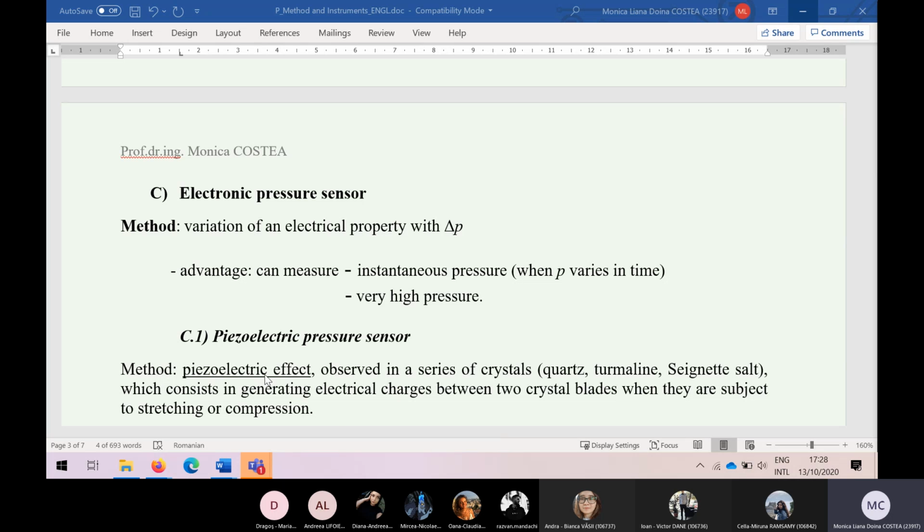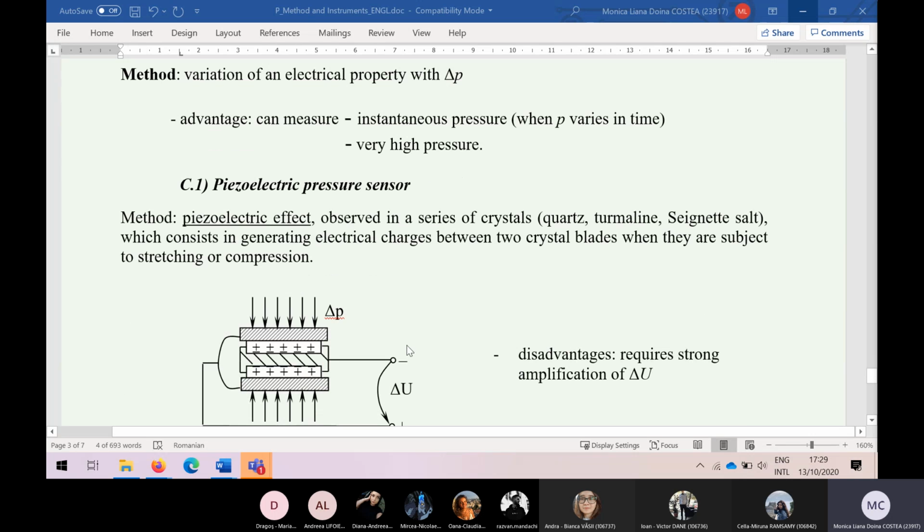It's the piezoelectric effect that is presented by a series of crystals. Quartz is widely spread, but there are also what is called cyanide salt and tourmaline. And this piezoelectric effect consists in generating electrical charges.